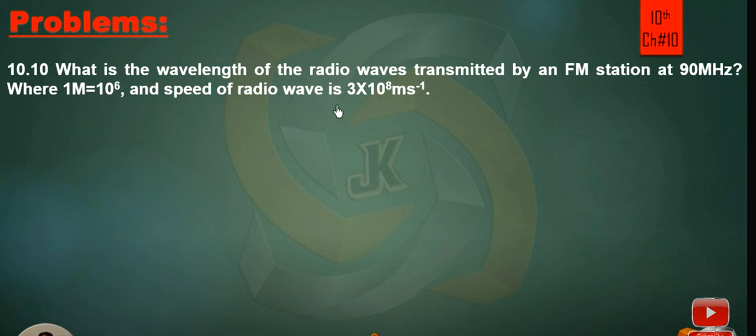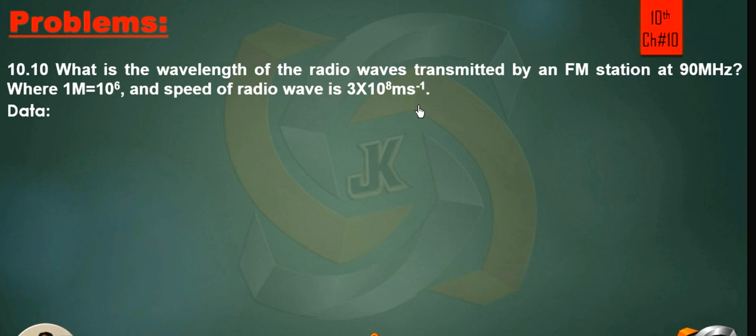So now it is also a very simple formula. We will use the wave equation and we will find the wavelength. First of all, we will write the data, and in the data we are given that frequency is 90 megahertz and the wave speed is 3 into 10 to the power 8 meters per second.